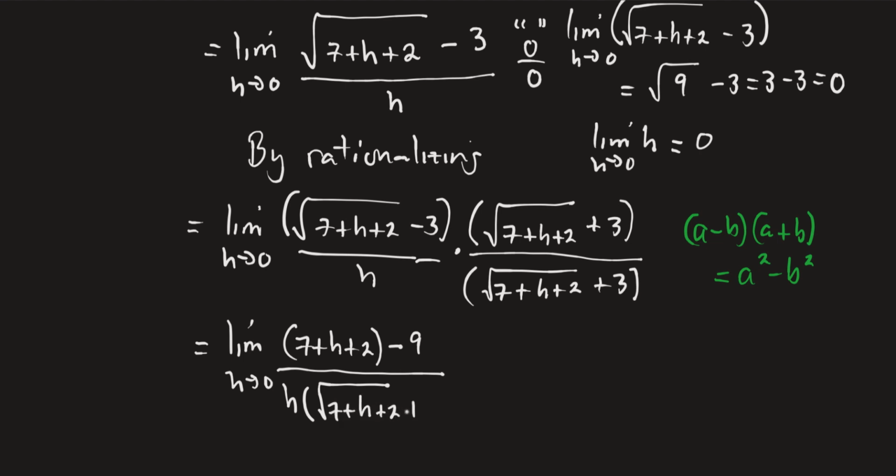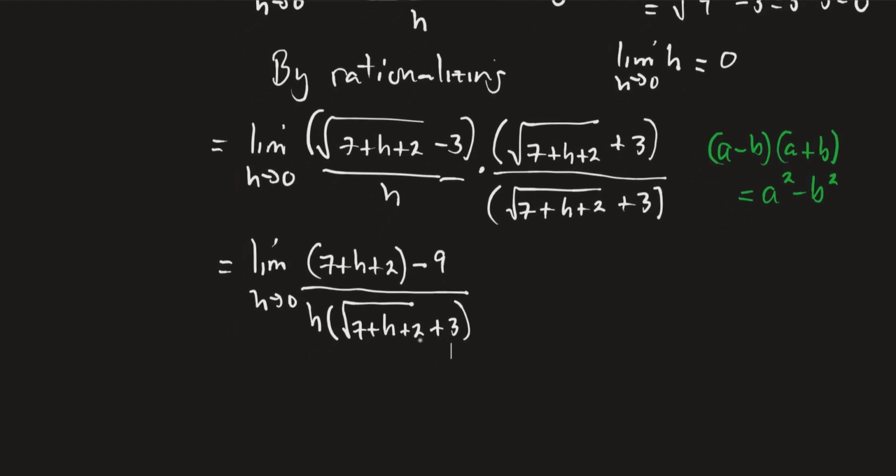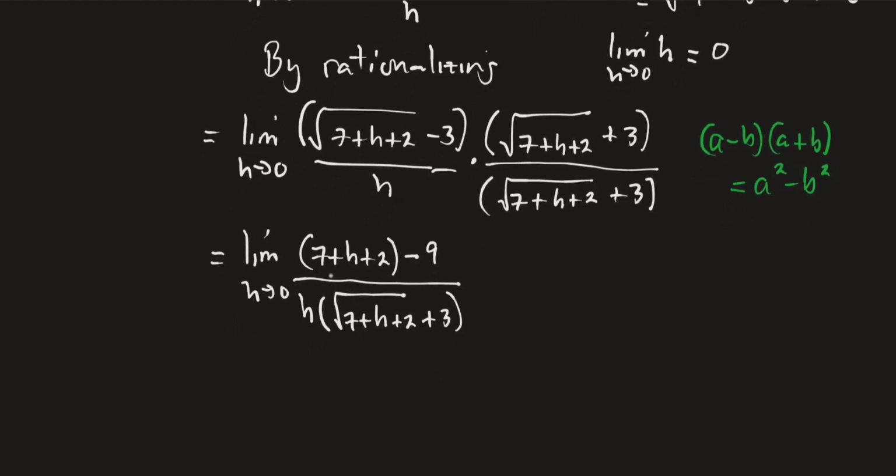So we don't need to do any sort of expansion in the denominator, but look at the numerator. The 9 cancels out because in parentheses I have 7 plus 2, and then here I have a minus 9, so all we're left with is just an h. So it's the limit as h approaches 0.